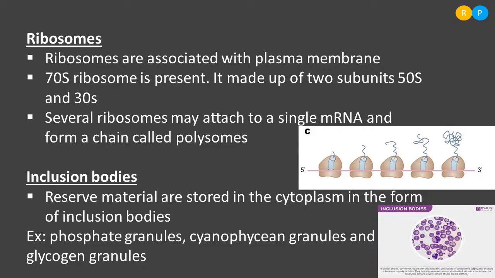So the prokaryotic cell is very simple. It does not consist of any cell organelles and nucleus. It consists of only the cell envelope and some modifications of the plasma membrane, then ribosomes and inclusion bodies. That's it.